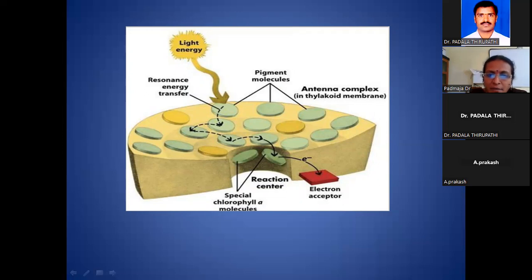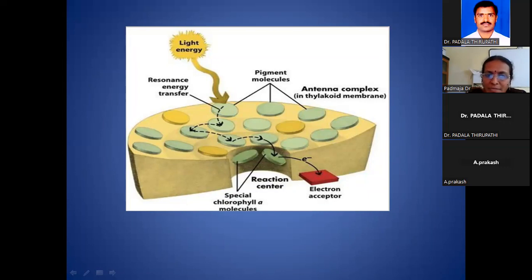This reaction center consists of P680 or P700, according to the wavelength absorbed by the reaction center. This reaction center is surrounded by a number of pigments, that may be chlorophyll a or b, xanthophylls or carotenoids. This group of pigments is also called the antenna complex or light harvesting complex.